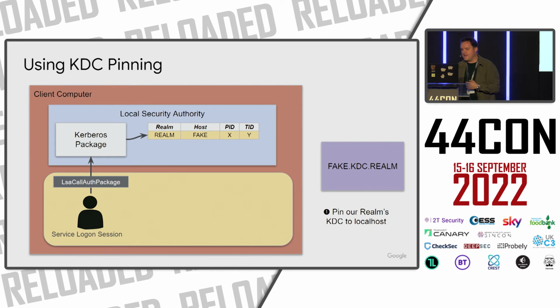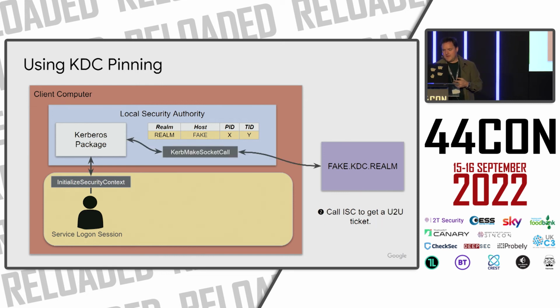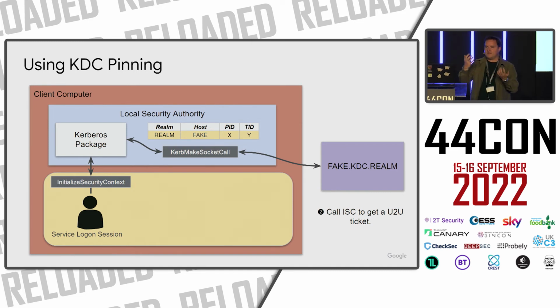So the idea here is that as our local service account, we can pin our fake KDC to the local host or to a fake server somewhere out there. When it makes the connection, we can get it to create a ticket, which we can then decrypt, because we control all the key material, so it doesn't matter what password we use. We can say our password is password, because it doesn't matter.